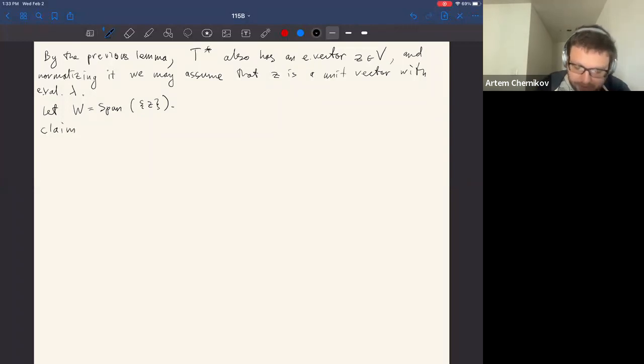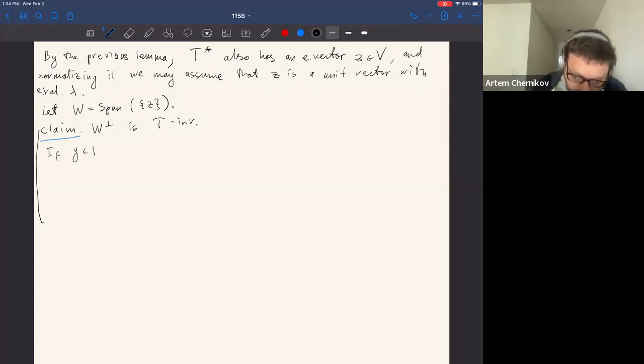So let's look at the orthogonal complement of W. The next claim is that the orthogonal complement W perp is T invariant. Okay, so let's check this. Proof of the claim.